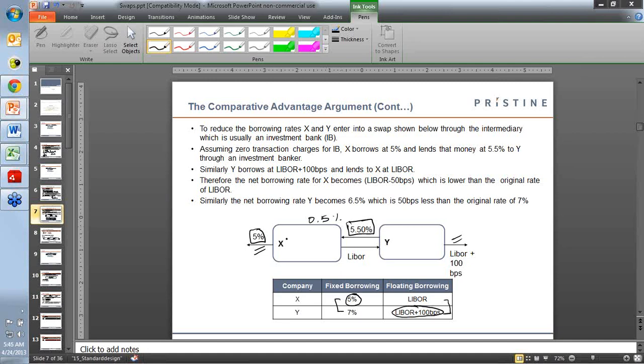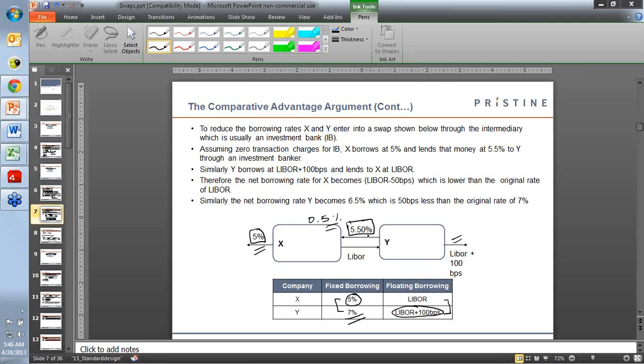And secondly, even if it earns this 0.5%, it is still offering the loan to Y, a fixed borrowing loan, mind you, at 5.5%, whereas Y would originally have attained this loan only at 7%. So Y is also clearly getting a loan at a fixed rate at a lower cost than it would have got from the market.